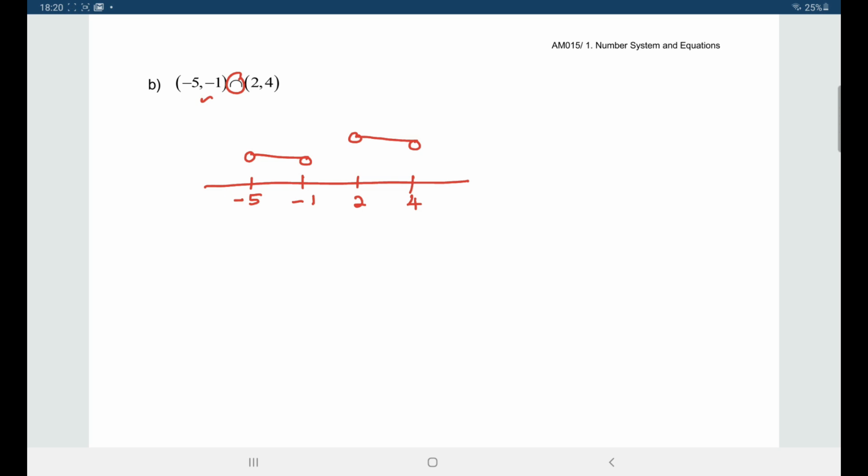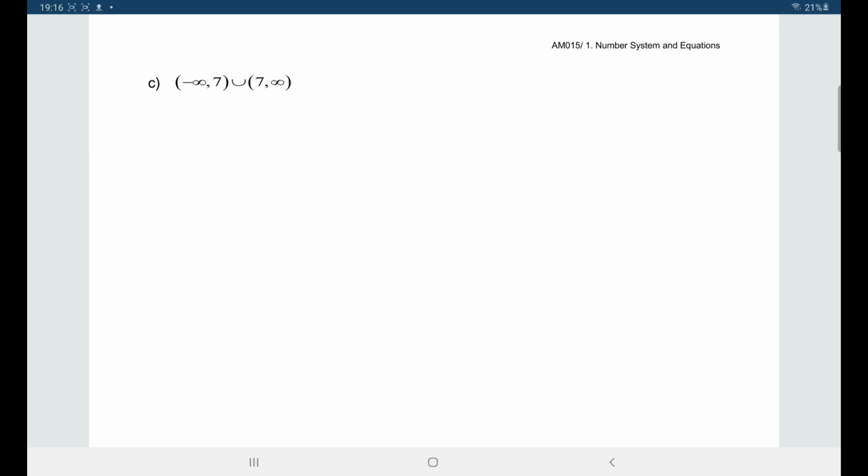Intersection is the set of elements belonging to both intervals. Okay, from the line, any intersection? No. So the solution set is the null set.